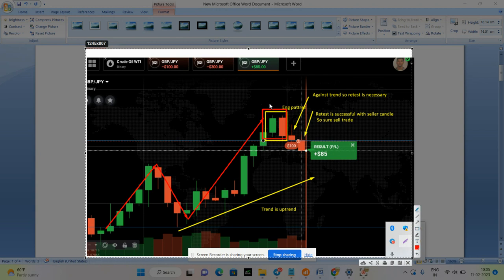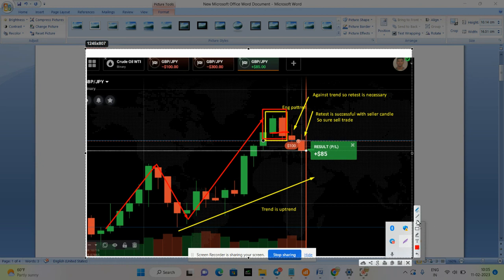So it is highly necessary that the key level of this engulfing pattern gets retested. This is the key level of this engulfing pattern. Why should it be retested? Because this engulfing pattern is against the trend. So retest must be there.